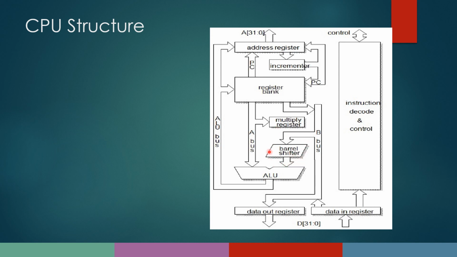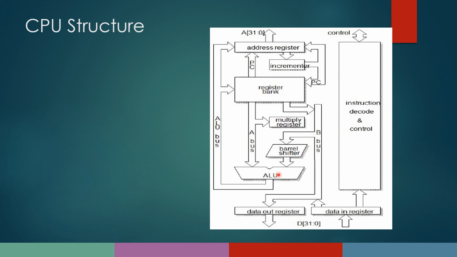So some operations may be performed prior to reaching the ALU. One operand goes directly via the A bus to the ALU, and the other one reaches the ALU only after some operations, via the barrel shifter.